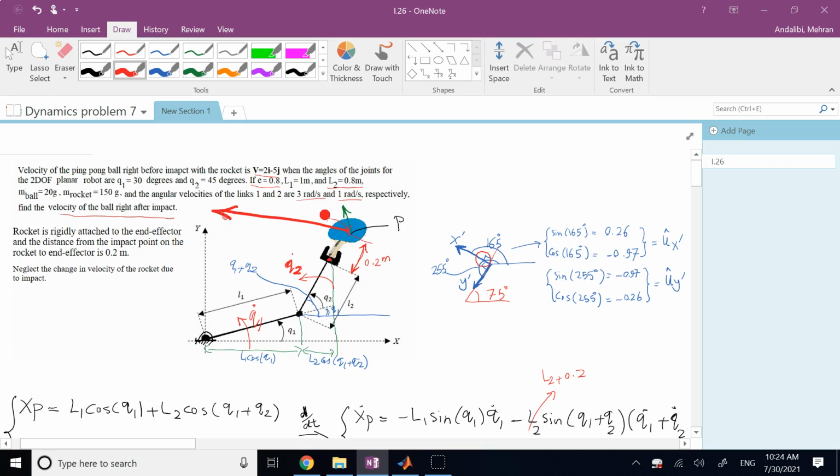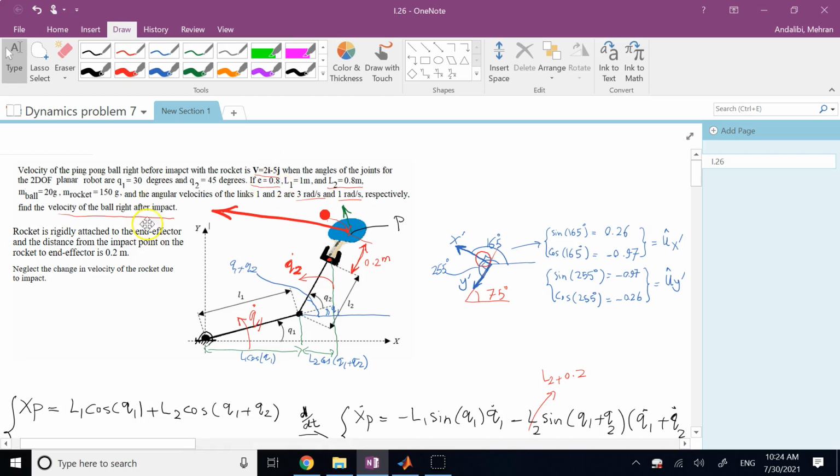So hopefully now you can analyze what's happening when your 2 degree of freedom robot is playing tennis, ping pong, whatever game. And here we did everything in 2D. So this is a very good combination of kinematics for rigid bodies and kinetics, or impact in this case, for particles, right? So hopefully it was useful to you.